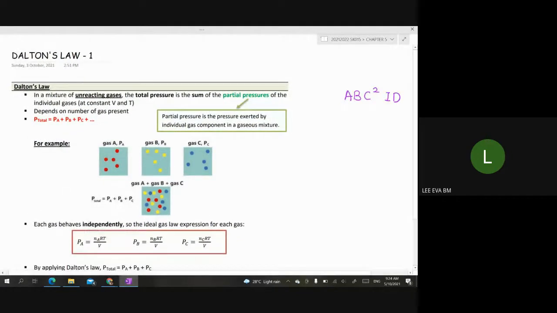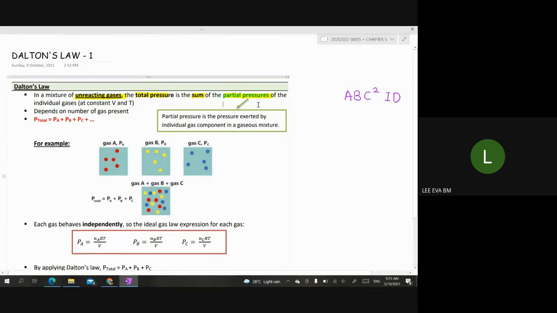So in our Dalton's law, it says here, in a mixture of unreacting gas. So please highlight unreacting gas. That means the gases inside your mixture must have no reactions. So the total pressure will be the sum of the partial pressures of the individual gases at a constant volume and temperature.